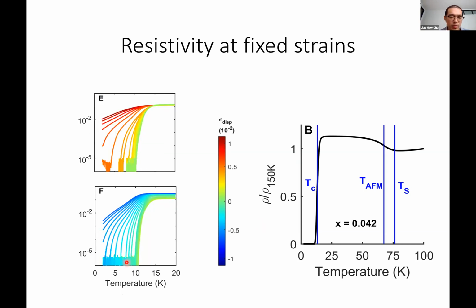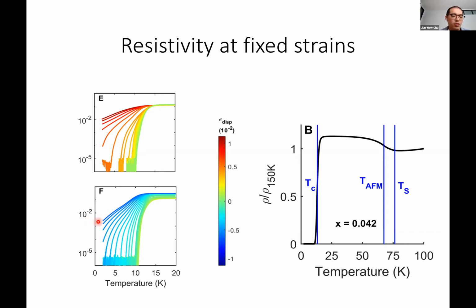Then you can really see that the resistance eventually drops into a noise floor at some temperature, but this temperature is being pushed further and further toward zero temperature for either compressive strain or tensile strain. In fact, at the most compressive or tensile strain, even though the resistance is dropping almost linearly in log scale, if you extrapolate this linear curve all the way to zero temperature, it reaches a finite but small value.